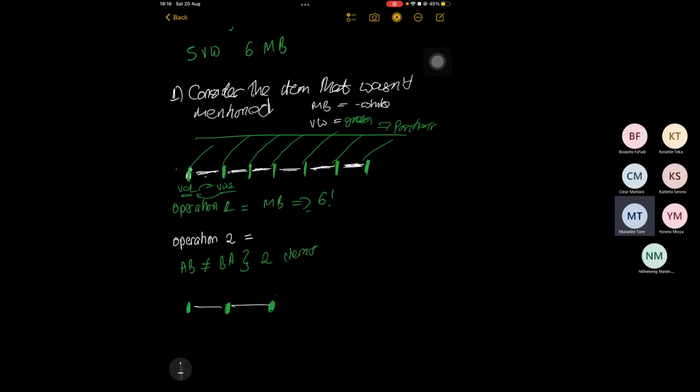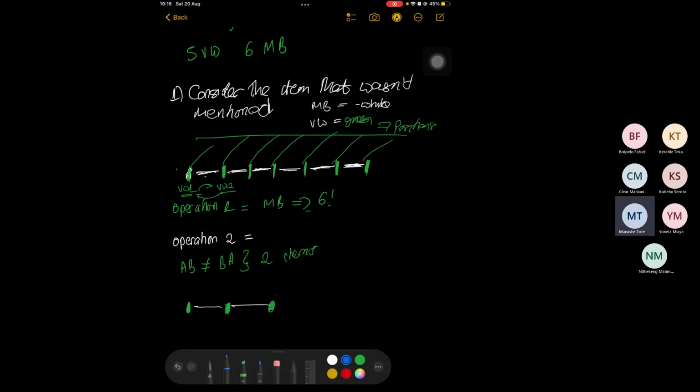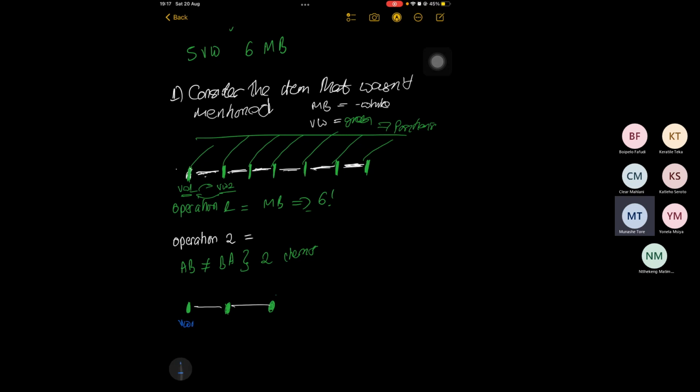Then you have the Mercedes and the Mercedes. So let's assume this is VW1, this is VW2, this is VW3. Then let's assume in another arrangement, someone else says here is VW2, here's VW3, then here's VW1. This is not equal to this if we are saying order matters.